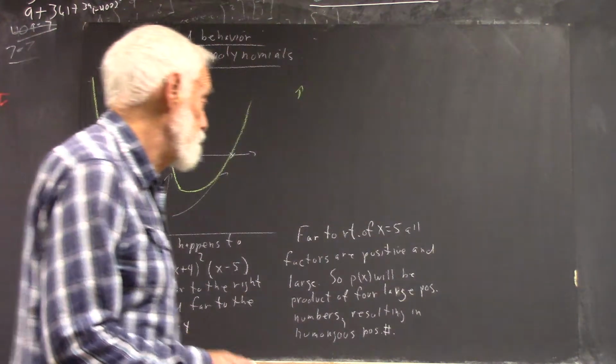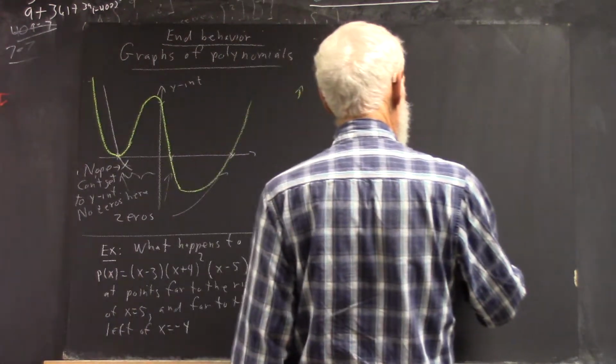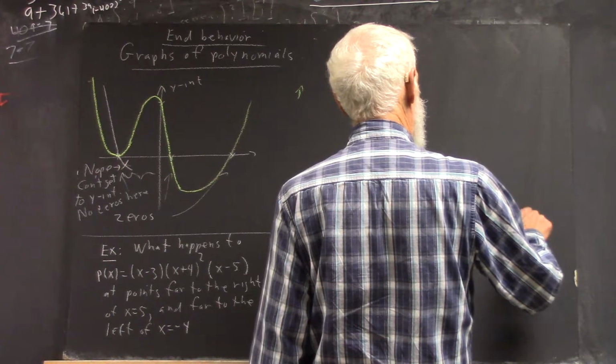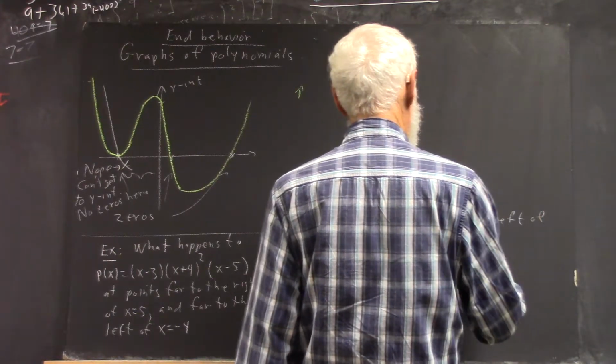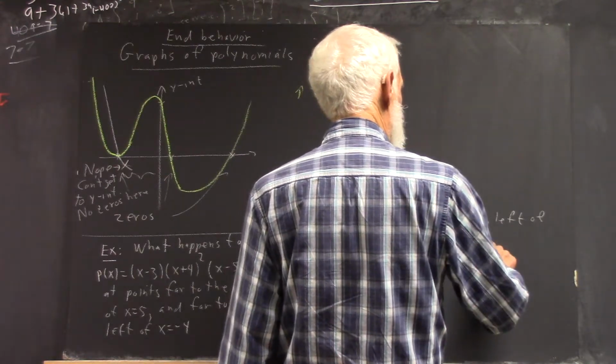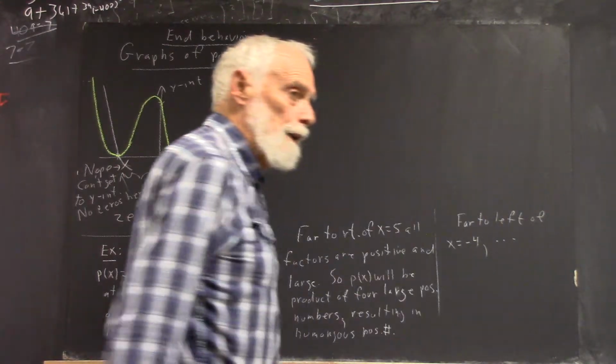Now, far to the left of x equals -4, dot, dot, dot.